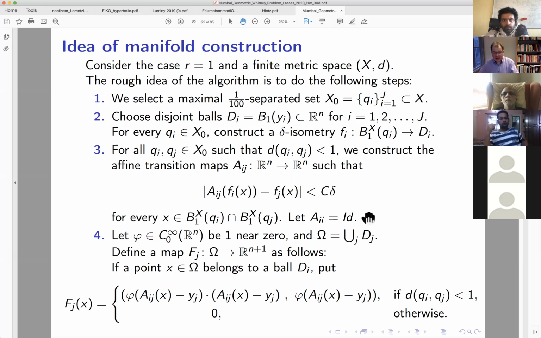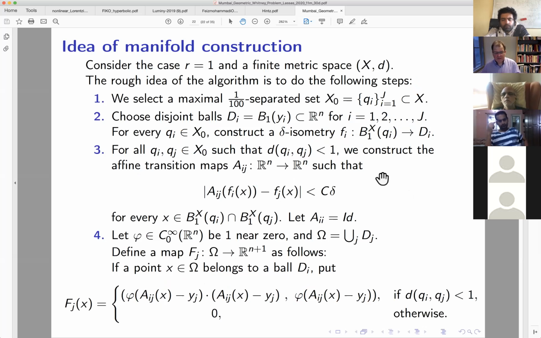Because we think of these disks as local coordinates. So if we have two points, Qi and Qj, in the coarse net that are close to each other, then we consider these disks as local coordinates, and we construct affine transition maps between these local coordinate charts.